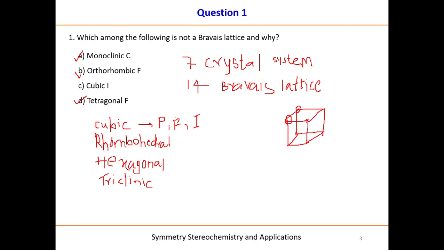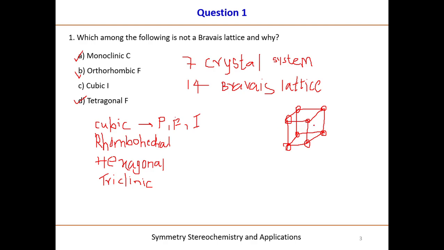The atoms occupied all the corners of the lattice cube unit cell. This is called unit cell also. So there are 8 atoms which is occupied all the corners of the cube, which is called as primitive unit cell. Primitive unit cell.